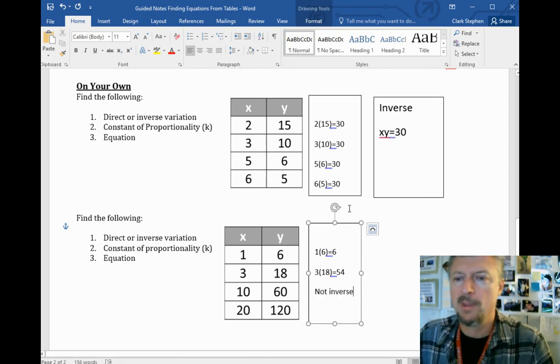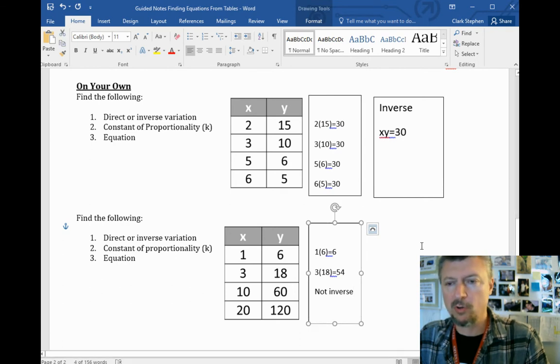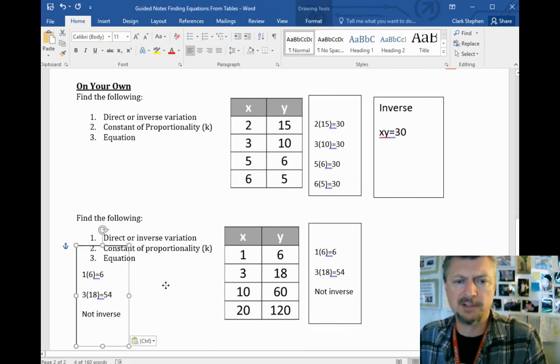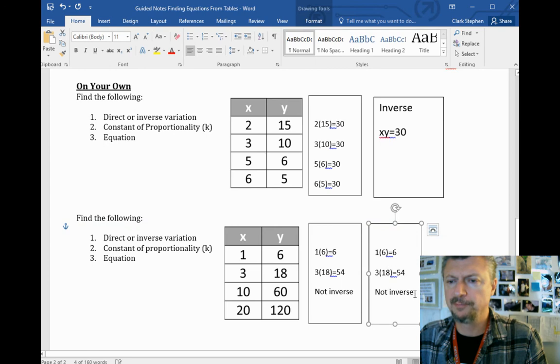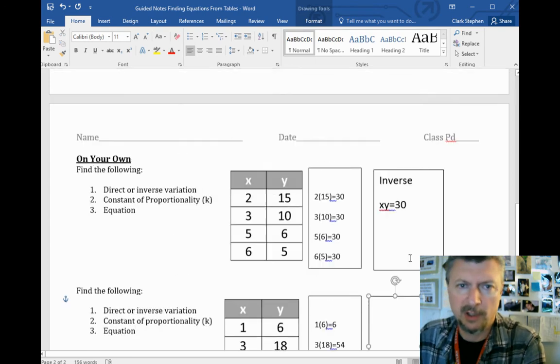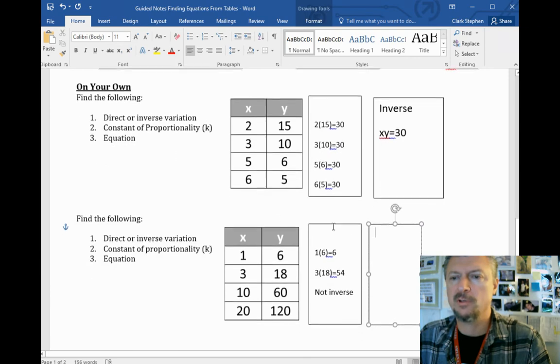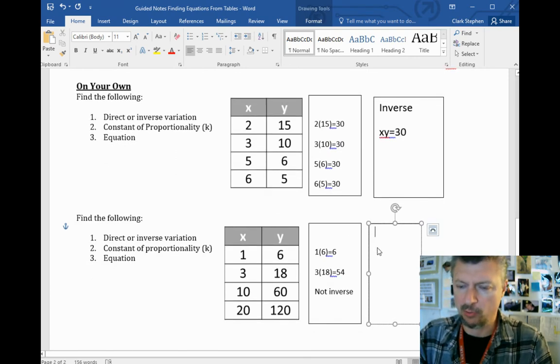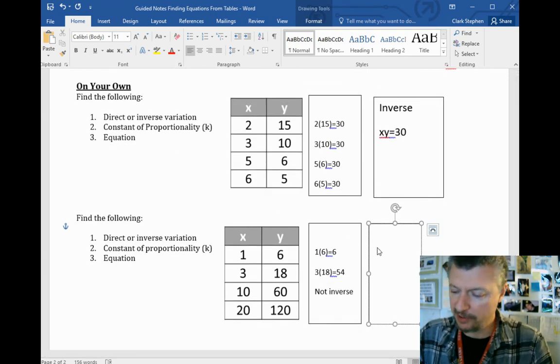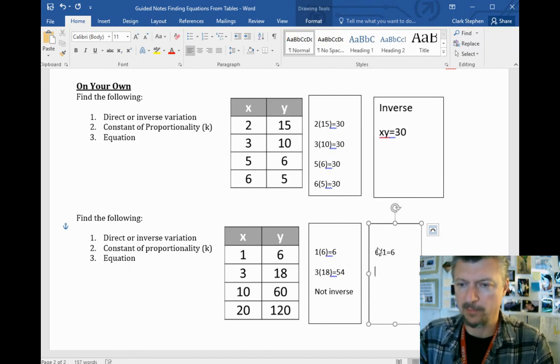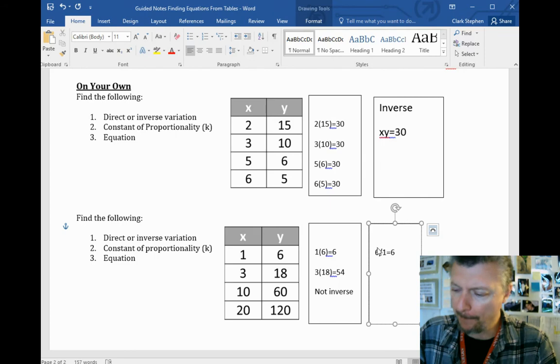Okay. Now we know it's direct. So what do we do? How do we find out the constant in direct? I don't remember. Well, let's look back. The ratio for points y divided by x is the k value. Okay? We're going to do y divided by x. So y is 6 divided by 1 equals 6. Next point, 3 and 18.